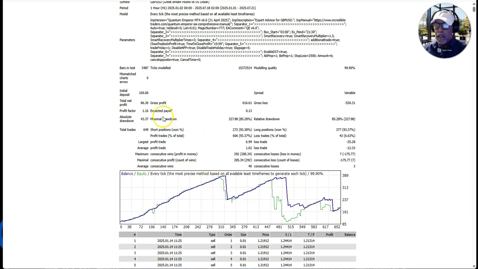It still came up with an $86 gross profit. Well, I'm sorry, net profit, $86 net profit. So 80% return even in a highly volatile period.